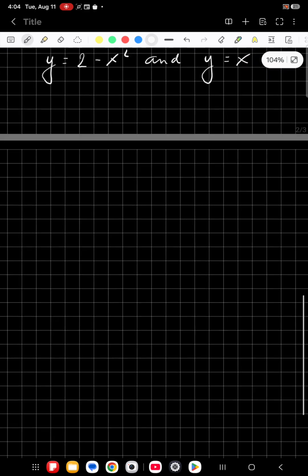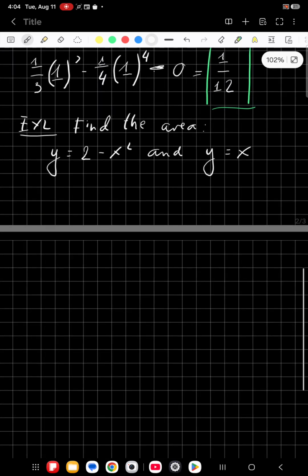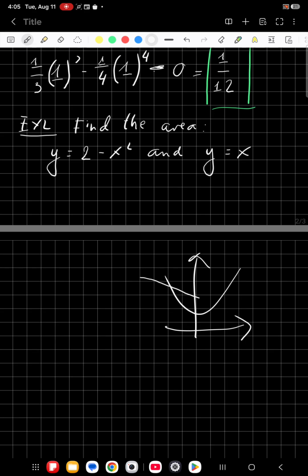So we have those two curves. This is just a straight line. It's not really a curve, but we're going to call it a curve anyway. I'm just going to sketch, not graph these particular functions, but it's something like this.